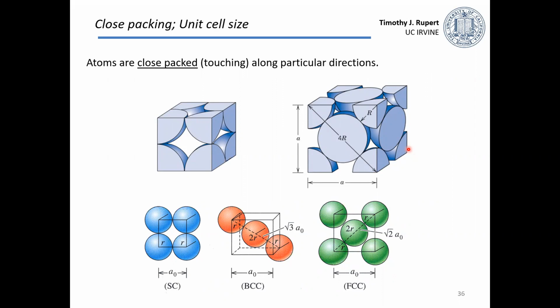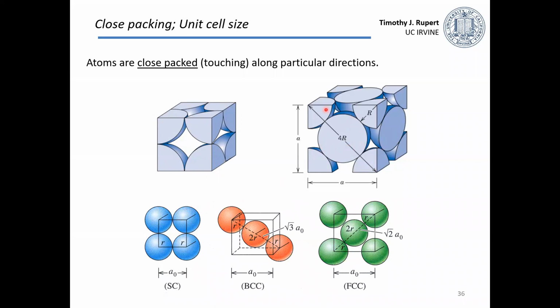Oftentimes in these types of crystal structures, the atoms are close packed or touching along certain directions. So for example, in the simple cubic unit cell, these atoms are touching along these edges of the cube. The top is just showing that unit cell. Here's showing just the front face with the 4 different spheres.